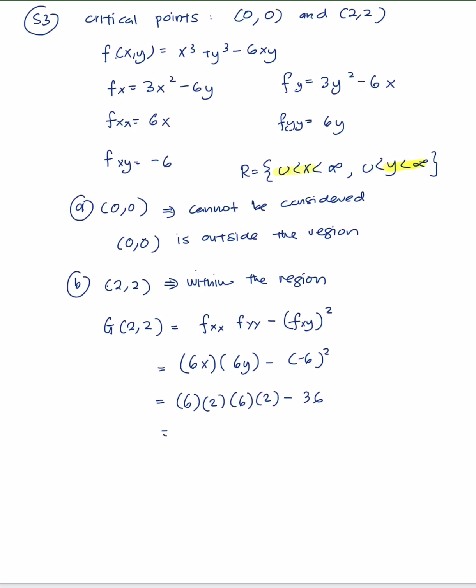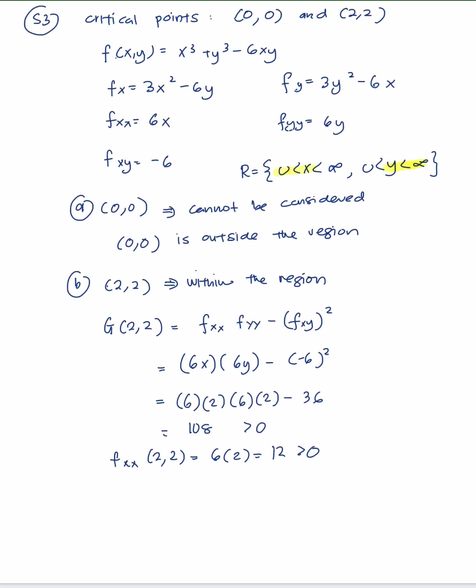In this case we have 144 minus 36, which is 108. So g(2, 2) is greater than 0, and we need to look at fxx. At the critical point, fxx is 6 times 2, which is 12, so it is greater than 0.